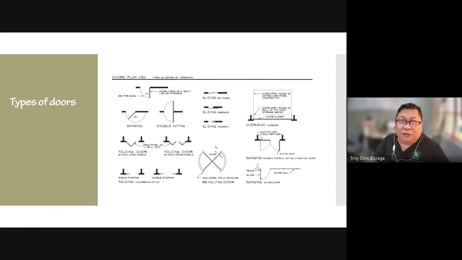So there are many types of doors, and so there are different ways of drawing them. This is the typical door: the door is drawn as a heavy line, or with thickness, and then the arc for the swing is shown like this.